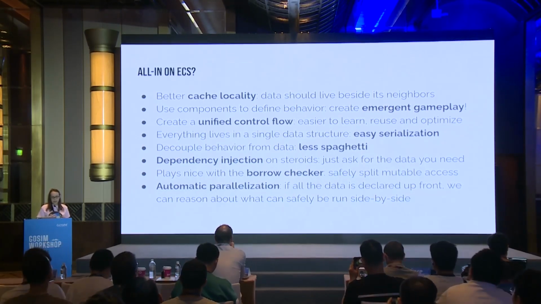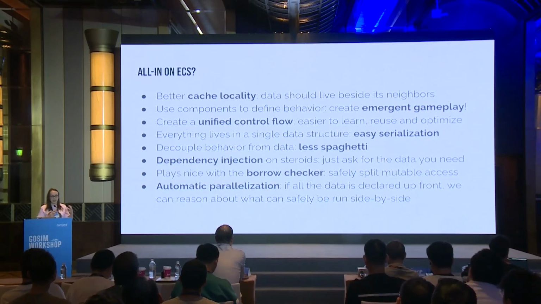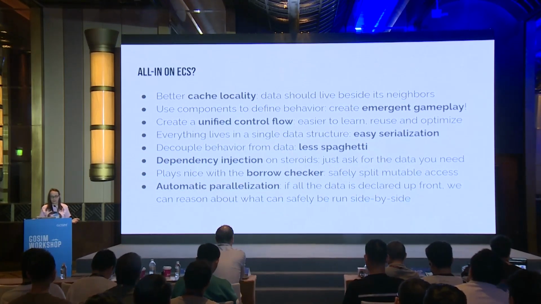So ECS is fundamentally about cache locality. Data should live beside its neighbors, and if the data lives beside its neighbors, you can make your code go faster because you're not jumping around all over the place constantly. But it's about a lot more than that.